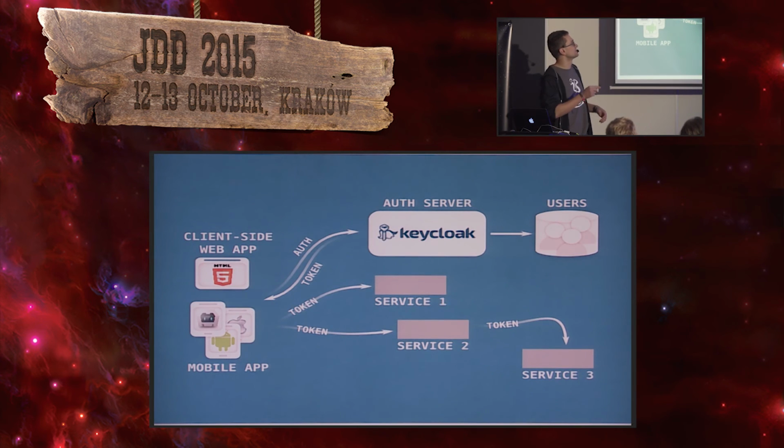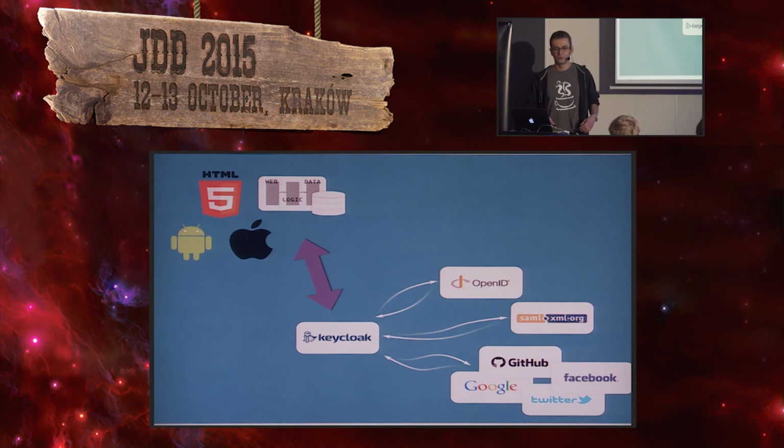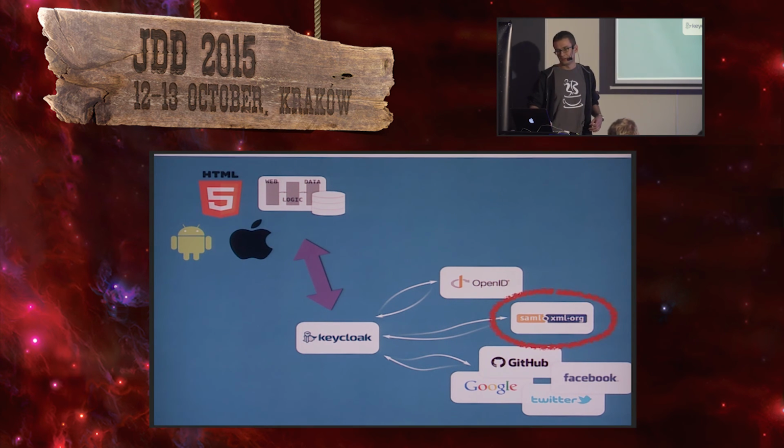So Keycloak is basically an authorization server in the OpenID Connect sense. So we put it here, if you remember the big picture. One of the killer features is identity brokering. So you can integrate your applications with Keycloak, speaking OpenID Connect or SAML, and then Keycloak can integrate a lot of other providers. So it can integrate an external SAML identity provider.